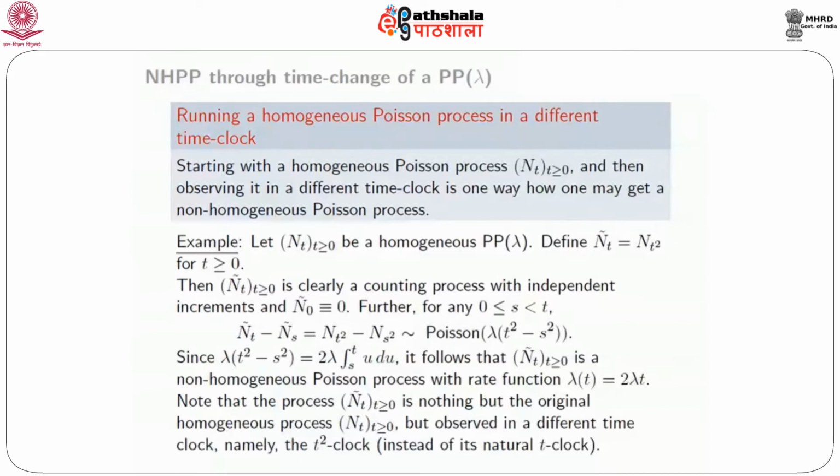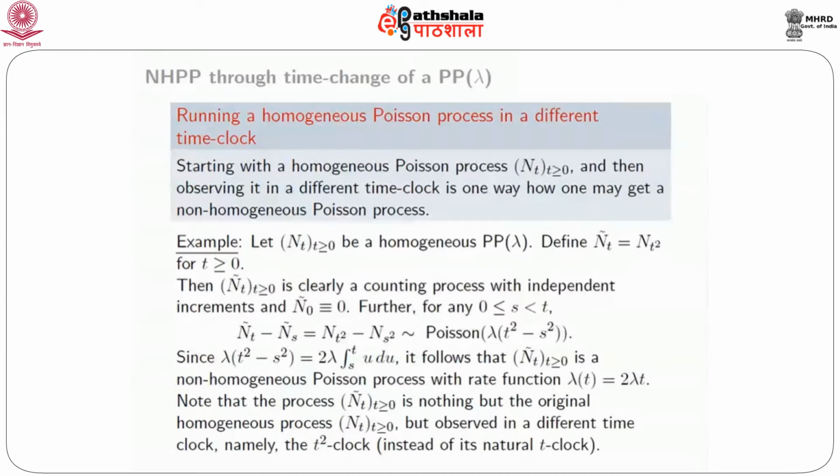Now notice that lambda times (t square minus s square) is the integral from s to t of 2 lambda u du. So it follows that N tilde(t) minus N tilde(s) is Poisson, but the parameter is the integral from s to t of 2 lambda u du. So what it means is that N tilde(t) is a non-homogeneous Poisson process with rate function lambda(t) equal to 2 lambda t.